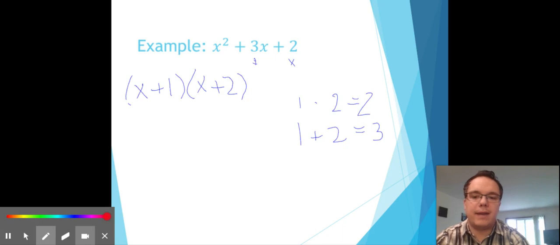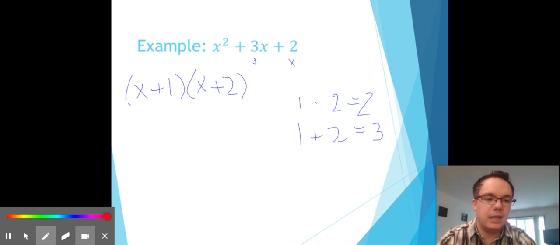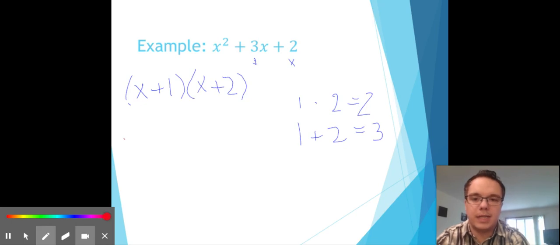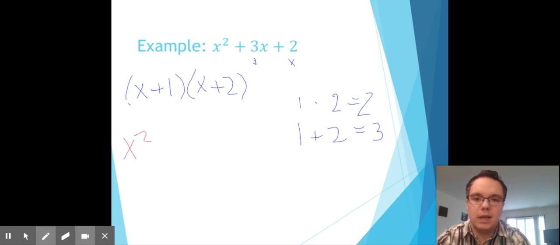You do not have to check your answer, but you always can by simply boxing or foiling this out one more time. So I'm going to quick FOIL this out to see if I get x squared plus 3x plus 2 when I multiply. For FOIL, F stands for first, so x times x is x squared. Outside, x times 2 is 2x.